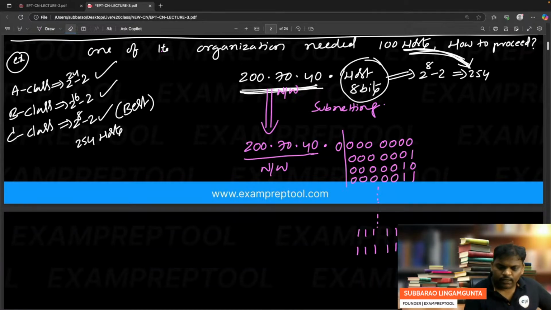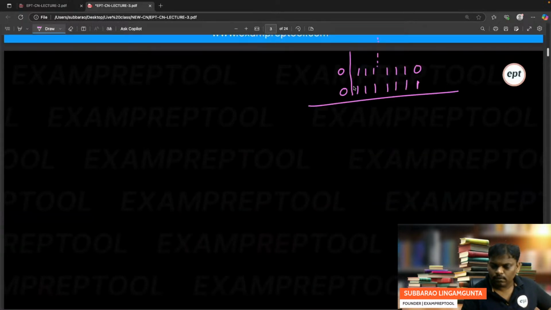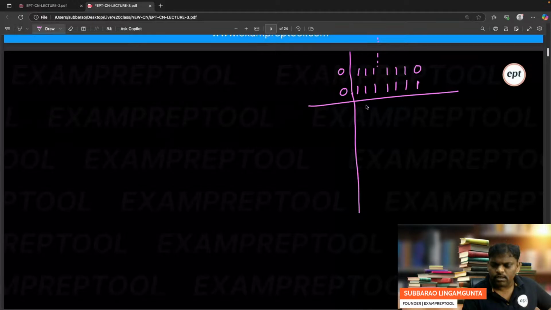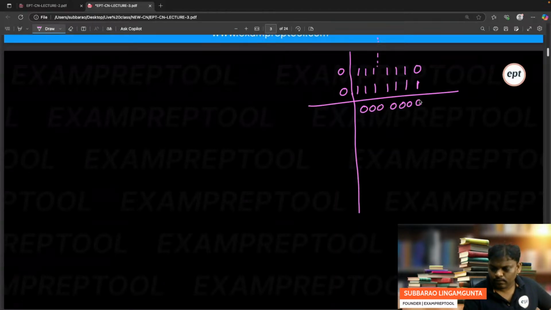The excellent one, excellent one. Can you see this one? Easily will get, easily will get. Easily will get.